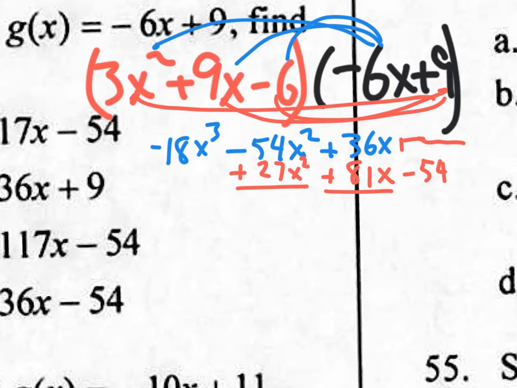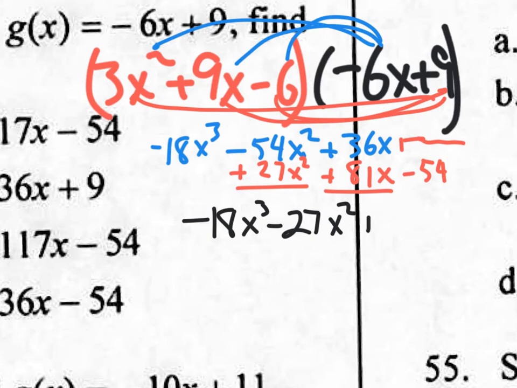And now let's combine like terms. We're going to end up with negative 18x to the third and minus 27x squared, and 36 plus 81 is 117.